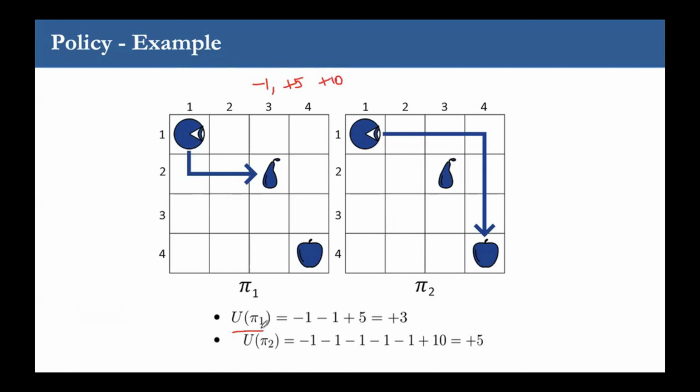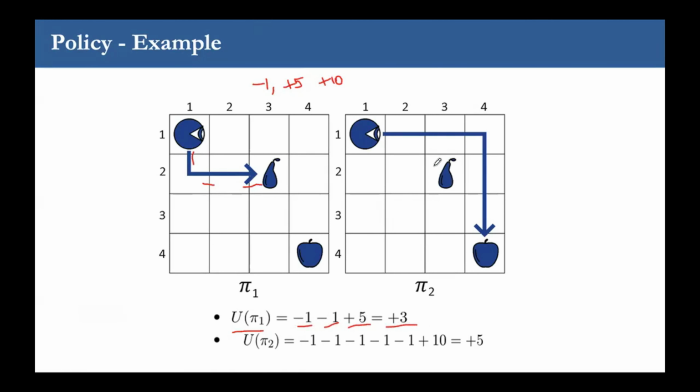So the utility value, that is U pi 1, is equal to -1 and +5. We have seen a downward, right. So here it is -1 and it reaches the pear, so it is +5. When we add it up, we get a value of +3.